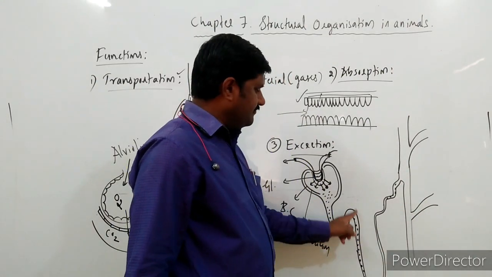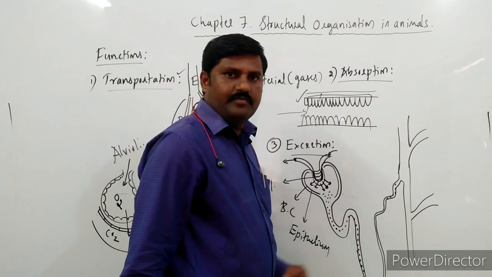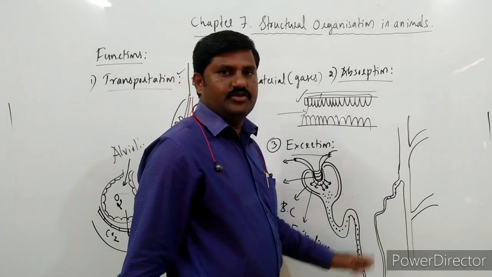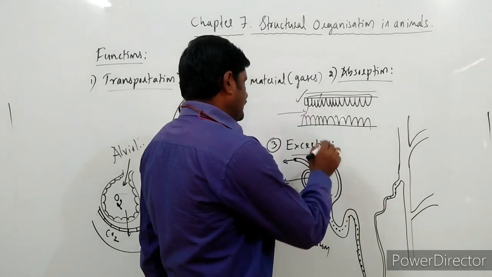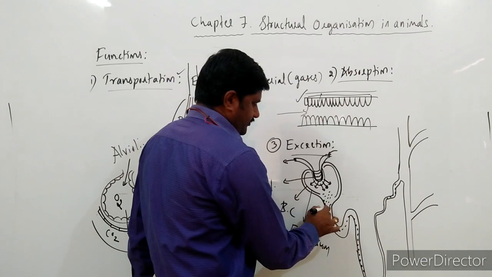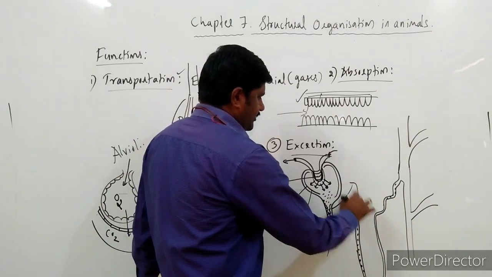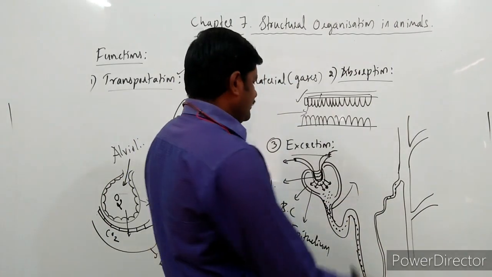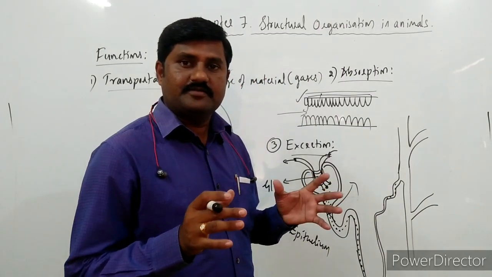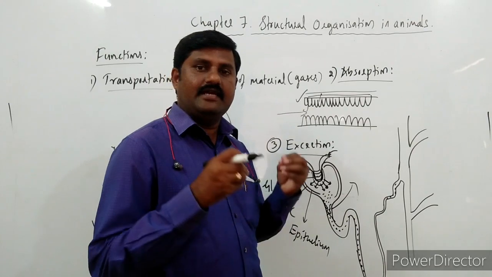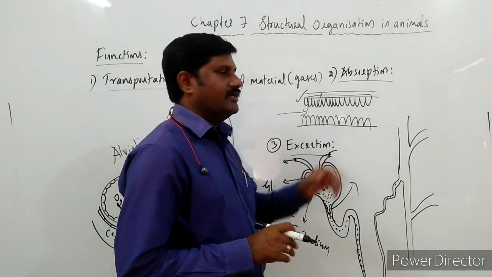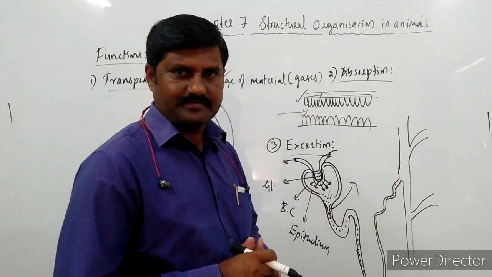During the passing of these materials, a number of useful substances are reabsorbed by this tubular structure, which is also lined by epithelial tissue. So this epithelium helps in absorption and in excreting the waste materials out of the body. So this is how it also helps in excretion.